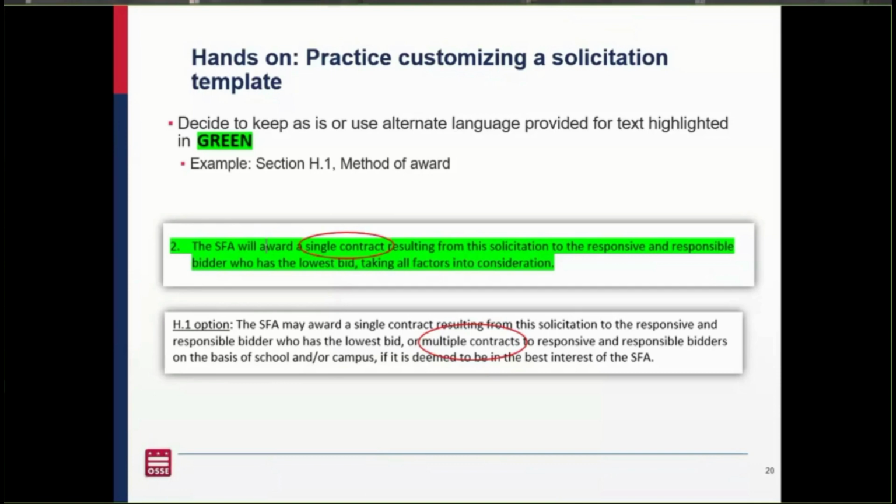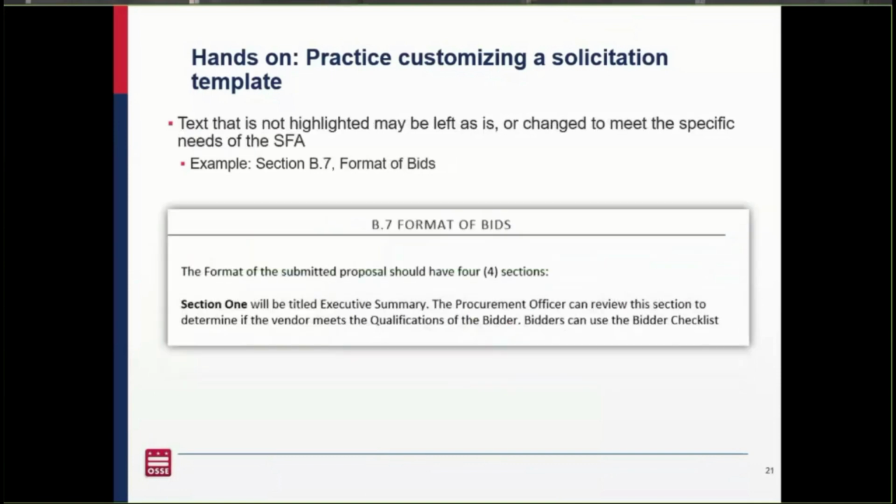All right, and lastly, there's a lot of provisions that are not highlighted. And when there is no color coding, then there are no requirements on the text, and SFAs can leave the default text, change it, or even remove it when removal makes sense.